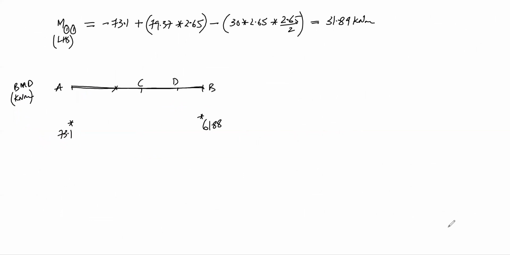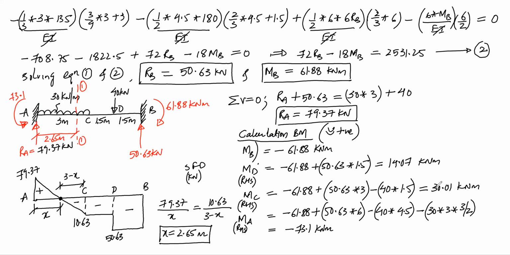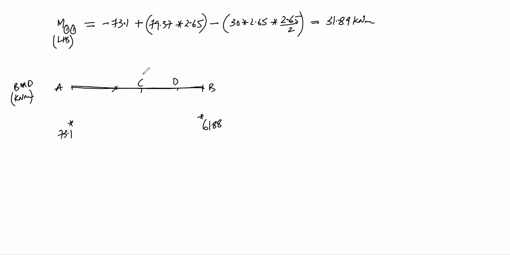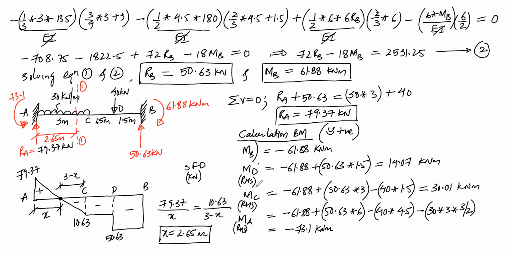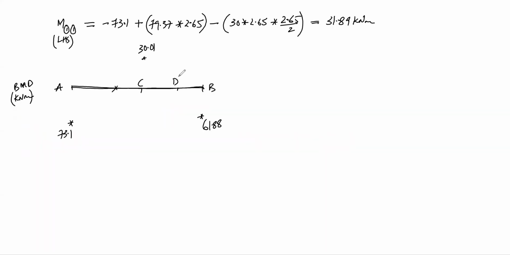Moment at C is positive 30.01. Moment at D is positive 14.07. And moment at section 1 is 31.89. So these are the points.